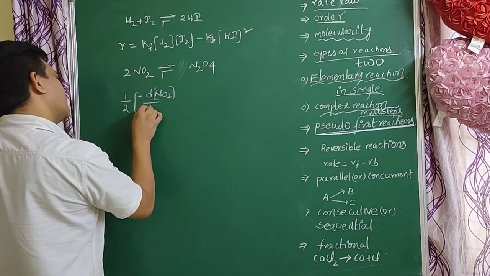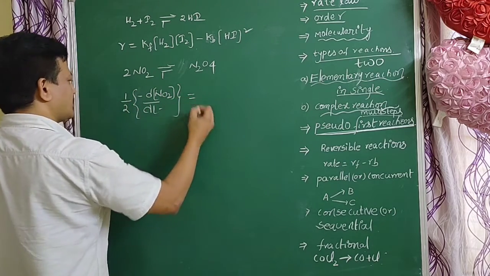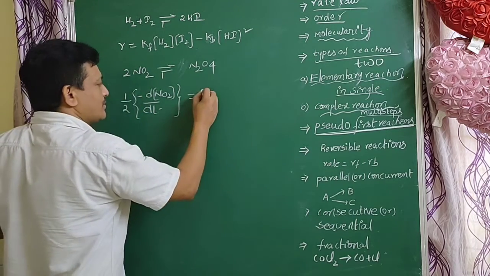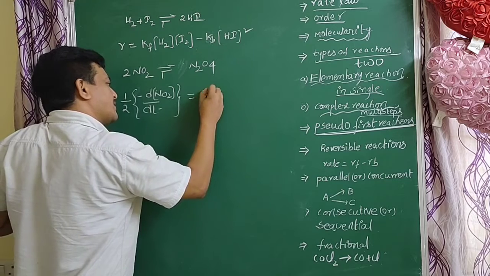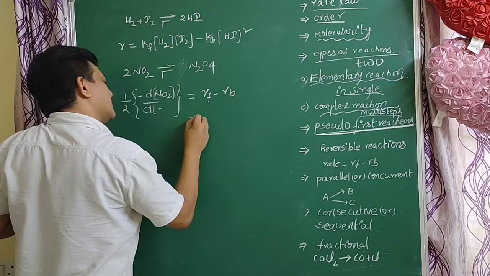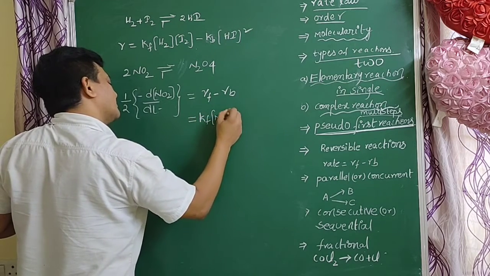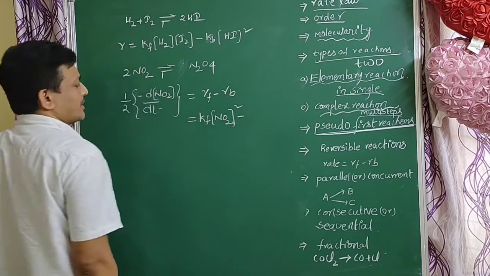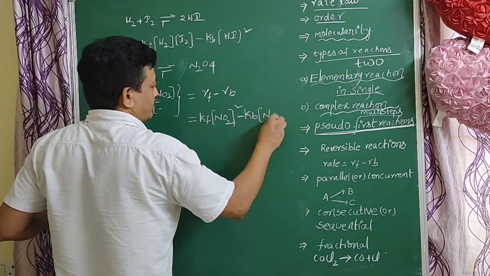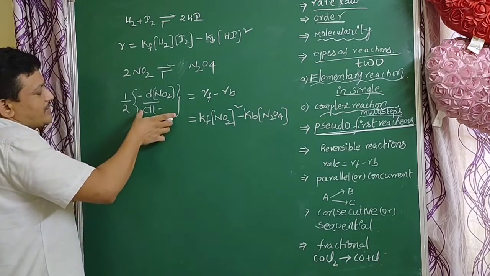So that equals the forward reaction rate RF minus RB. That equals Kf into [NO2] whole square minus Kb into [N2O4]. So this is the rate of reaction.